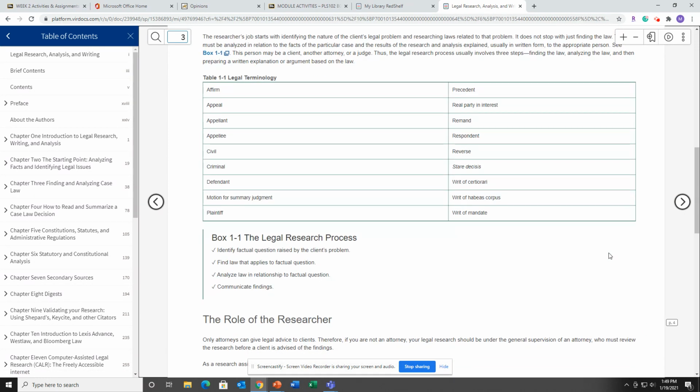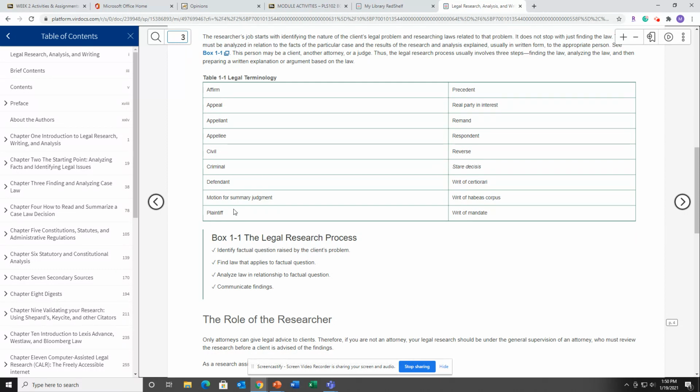Just some legal terms that we looked through some of these in our module last week, but that you might want to figure out what they mean. Remember, affirm is one of those dispositions, which is how an appellate court decision affects the lower court decision. Reverse is another one of them.